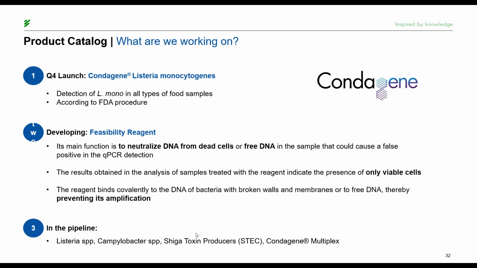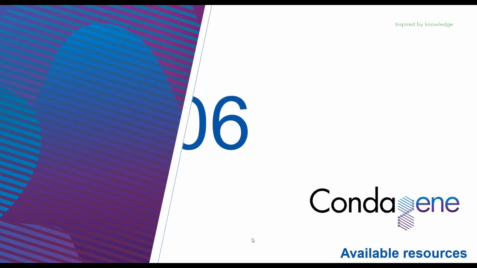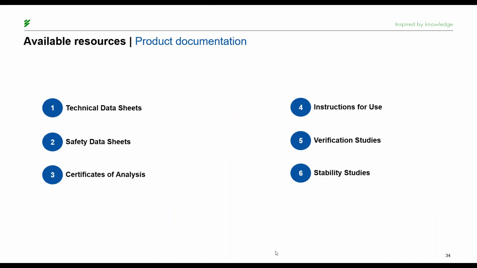And in some other R&D projects, we have kits for Listeria, Campylobacter, STEC, and we have to do it for multiplex since we see it is an option for Condagene. Not least, I mention all the resources you have available in Condagene in terms of technical documentation, in addition to technical and safety data sheets and analysis certificates.